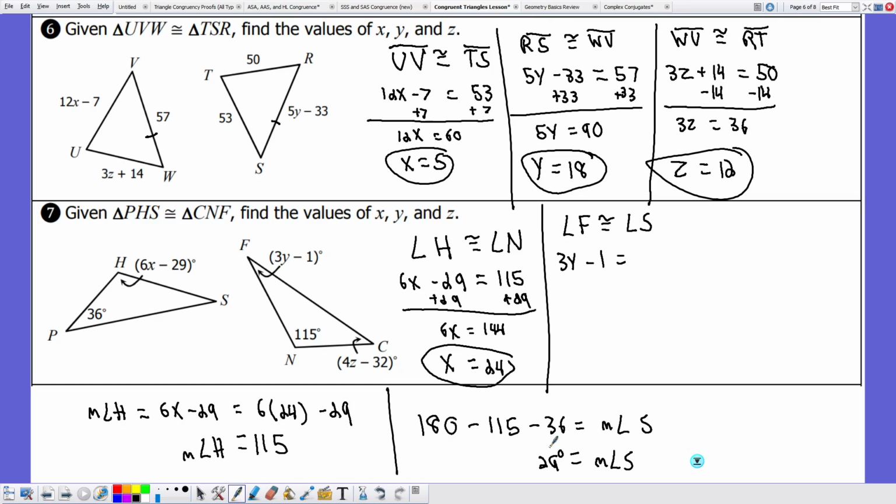So we have that 3y minus 1 is equal to angle S, which is 29 degrees. Adding 1 on both sides, we have that 3y is equal to 30, and y is equal to 10.